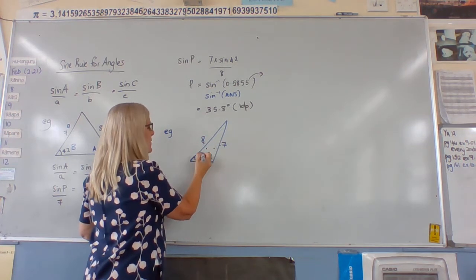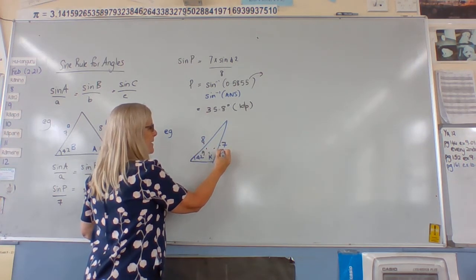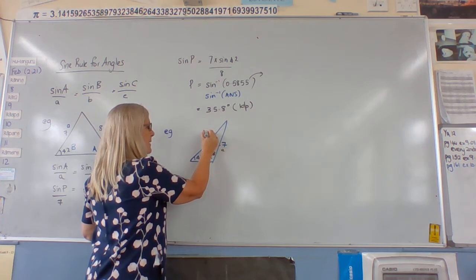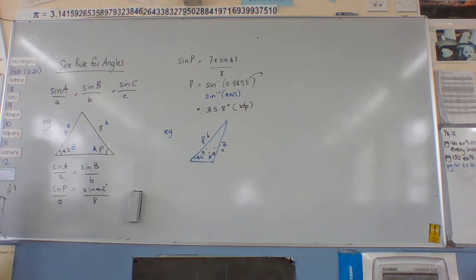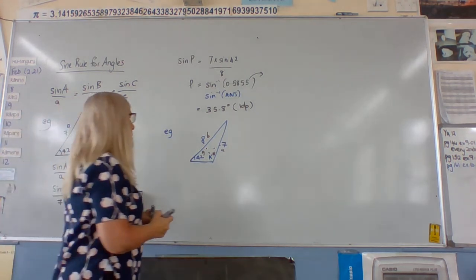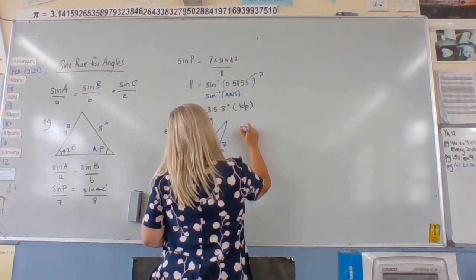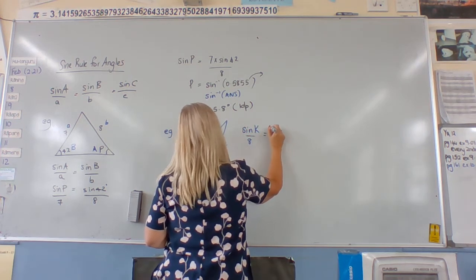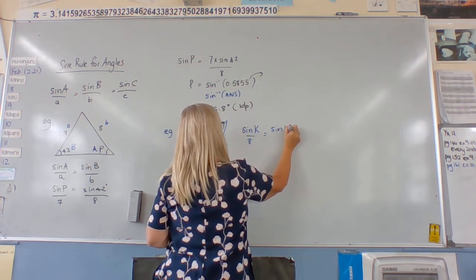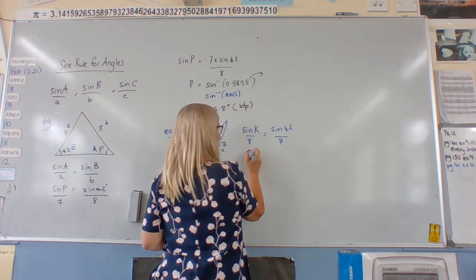Yes, they are. So A, little a, B, little b. We want to find sine K over 8 equals sine 42 over 7.